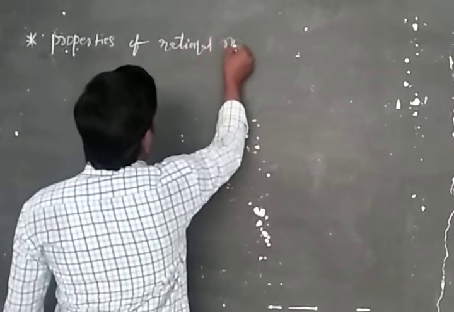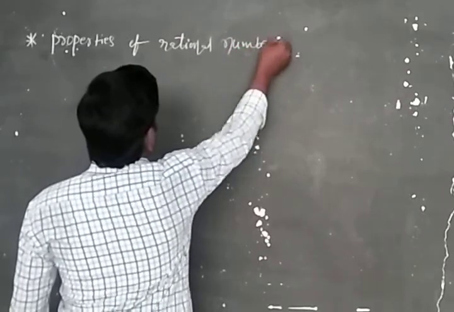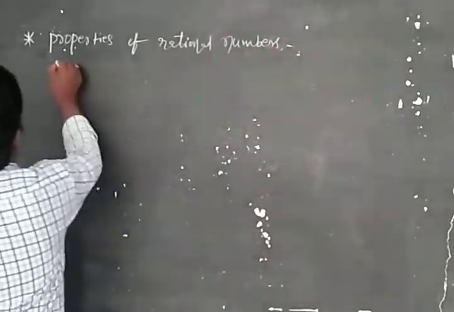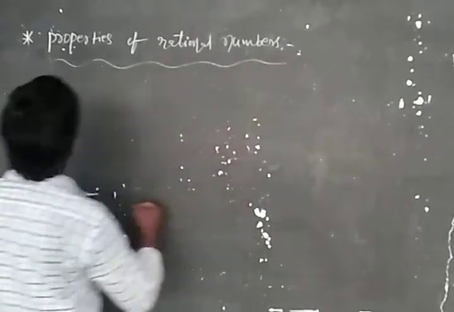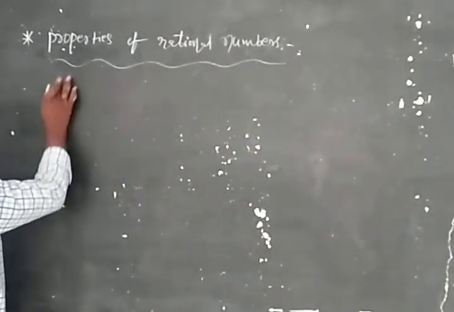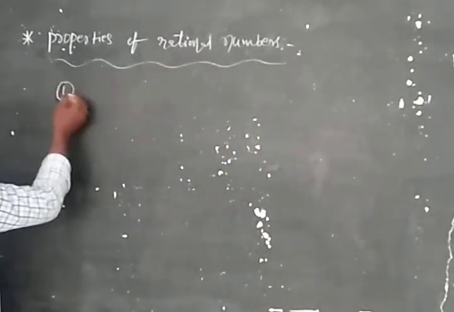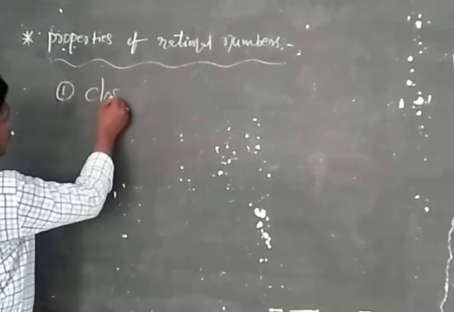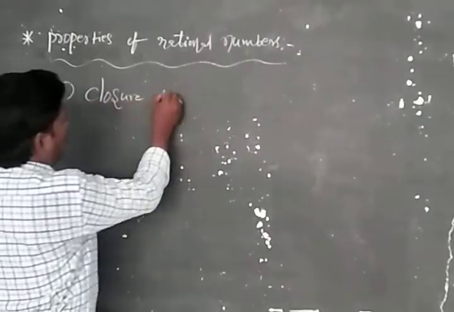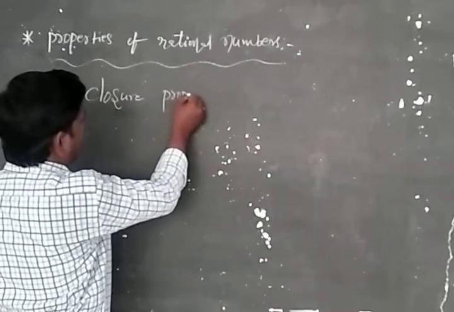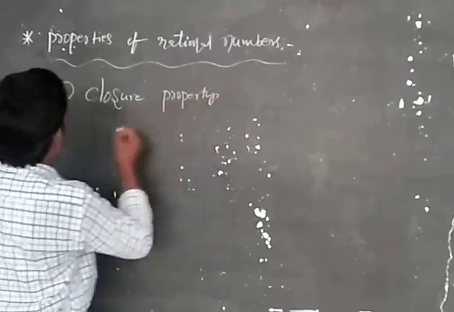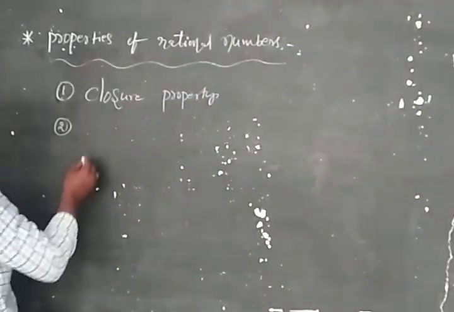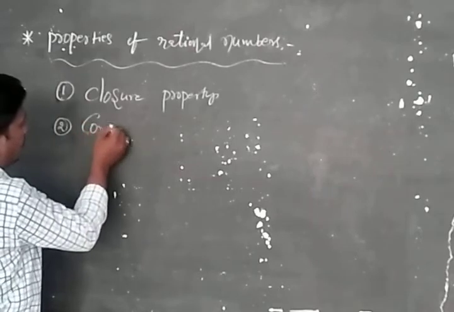Properties of rational numbers. The first property is called closure property. And the second one is called commutative property.